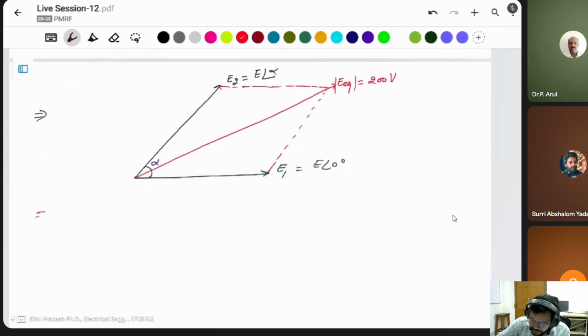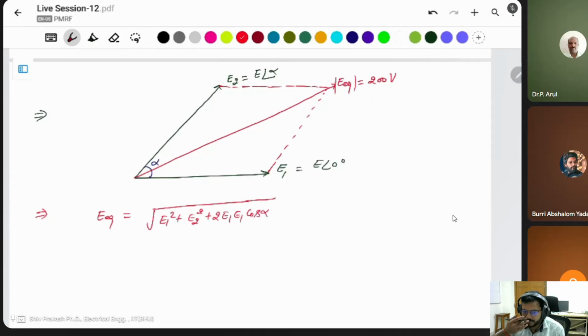For adding two vectors, you know E equivalent is the root of E1 square plus E2 square plus 2 E1 E2 cos alpha, where alpha is the phase difference between them. You know about adding two vectors, because both are vectors.